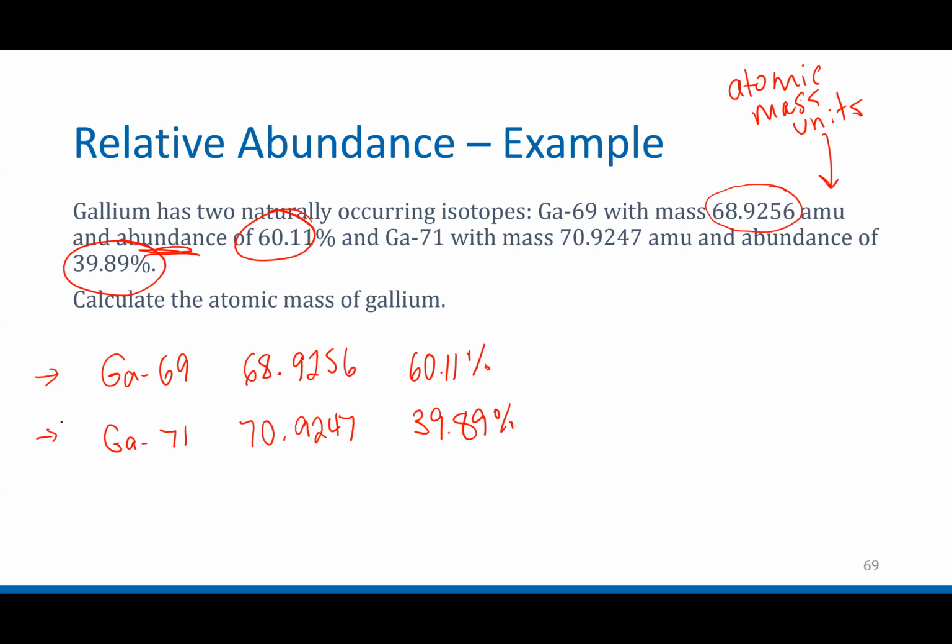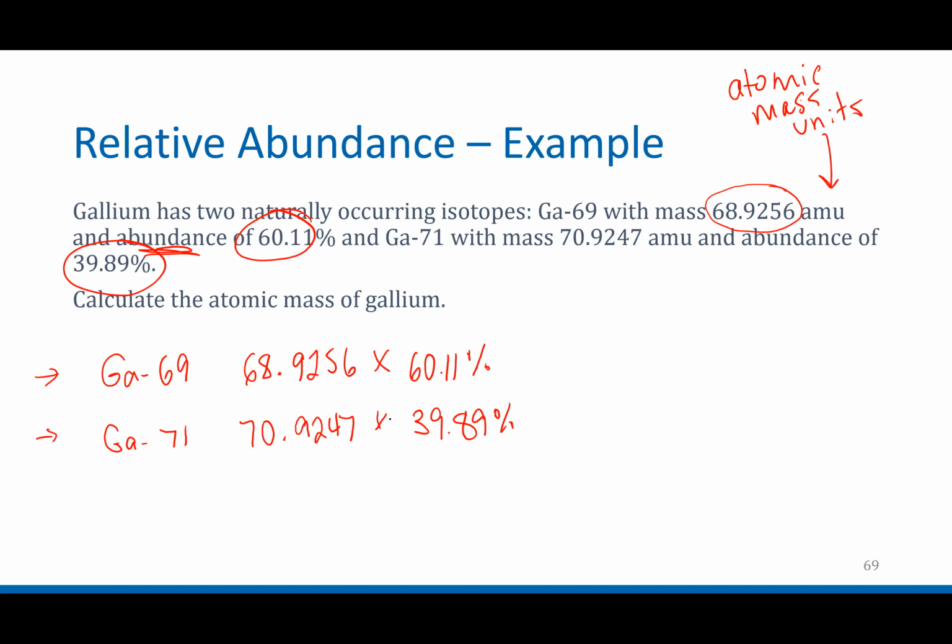What you do is you multiply these numbers together, and then you add them up. Add up your answers. So one thing, when we multiply these numbers together, I don't want to use a percent. If you can think back to math class, we typically don't use percents in our calculations. We convert it to decimals.